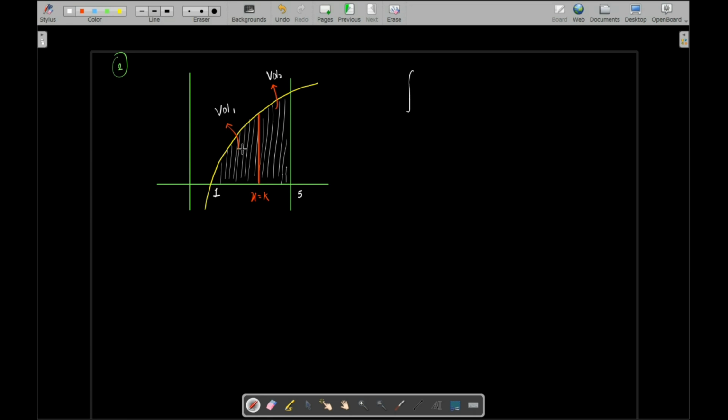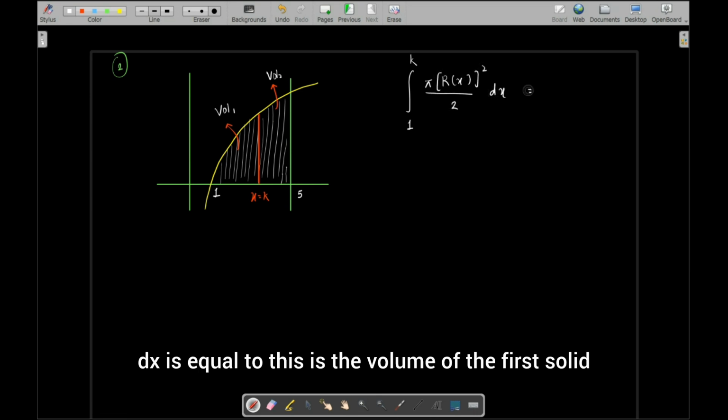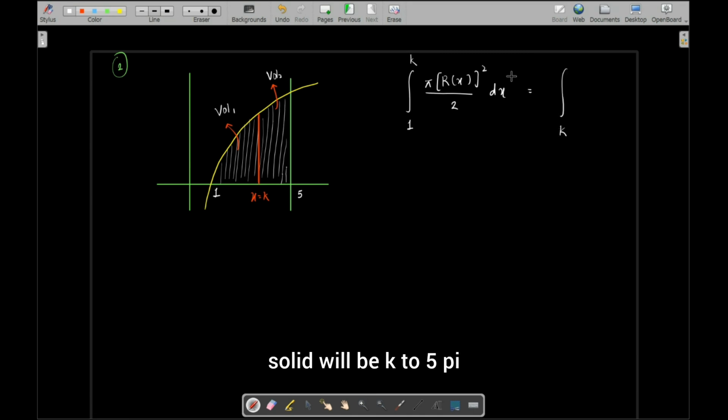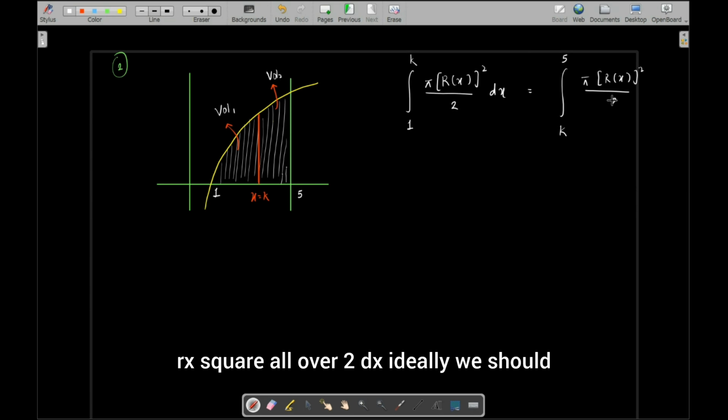Volume 1 will be the integral from 1 to k of pi times the radius function square divided by 2 dx, and the volume of the second solid will be the integral from k to 5 of pi r of x square all over 2 dx.